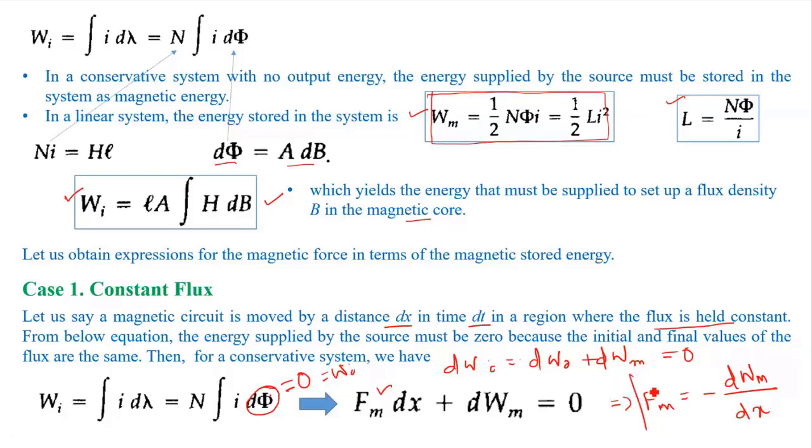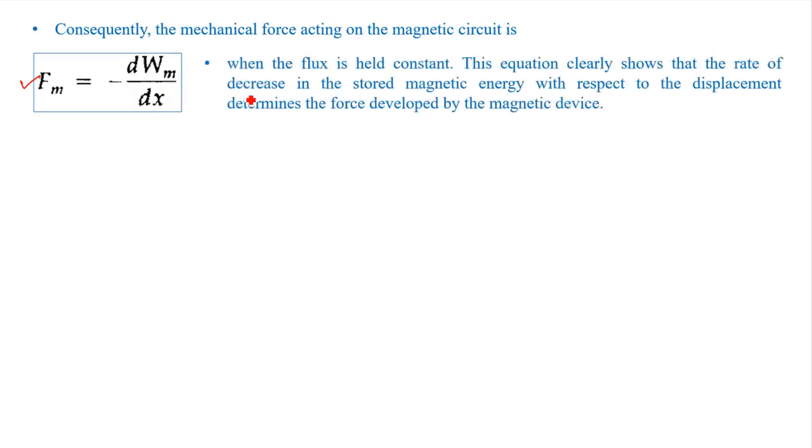This is the expression which is mentioned in the next slide also. In the next slide also it is mentioned that the mechanical force acting on the magnetic circuit is Fm equal to minus dWm by dx. So when the flux is held constant, this equation clearly shows that the rate of decrease in the stored magnetic energy, Wm, with respect to the displacement determines the force developed by the magnetic device.